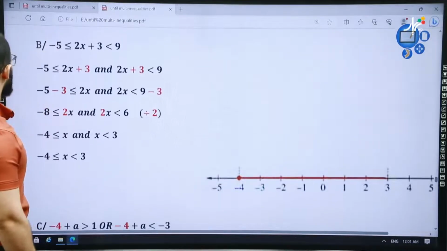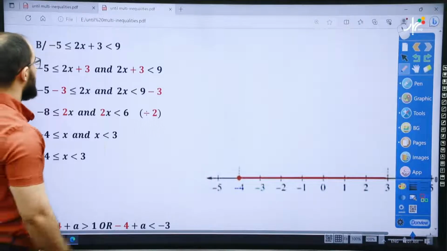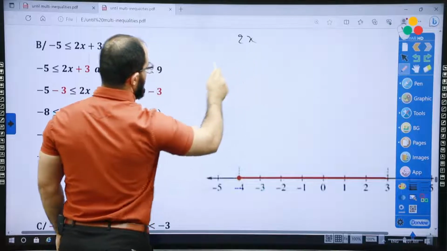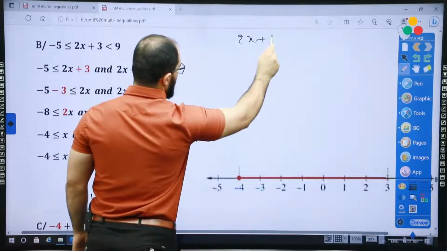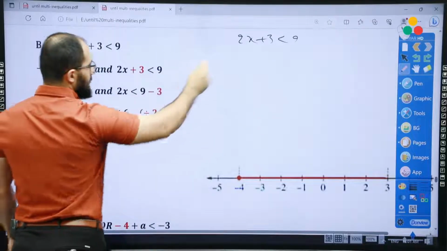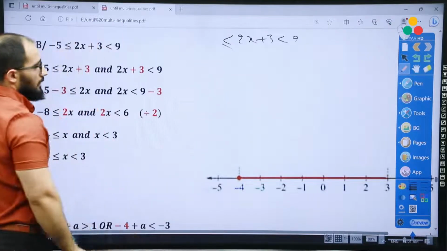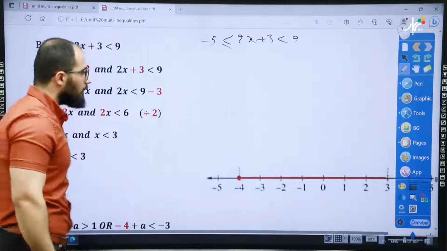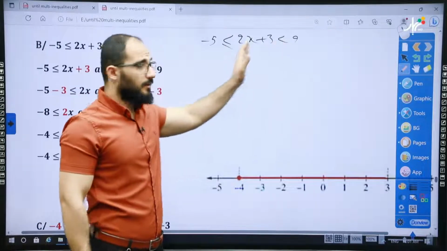Then we have another example, number 5. We have 2x plus 3 less than 9. And on the other side, you have greater than or equal to negative 5. As I told you, we are going to separate them.